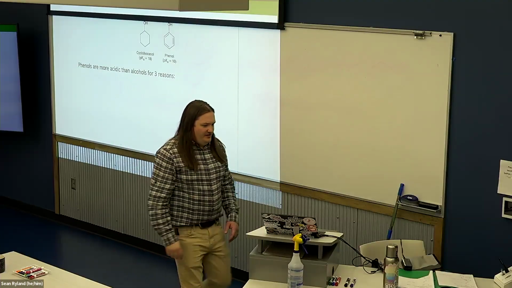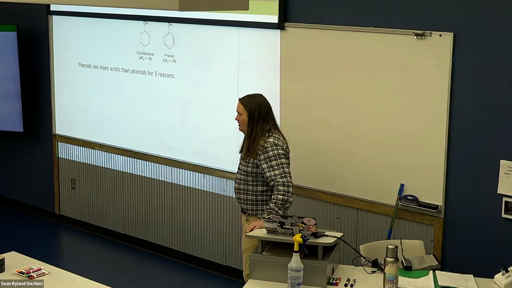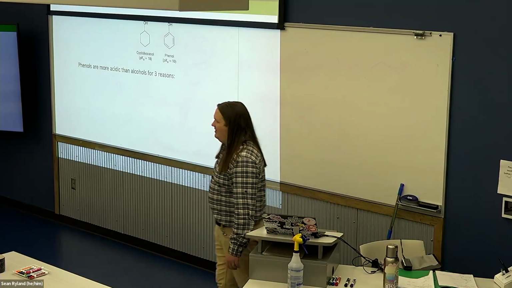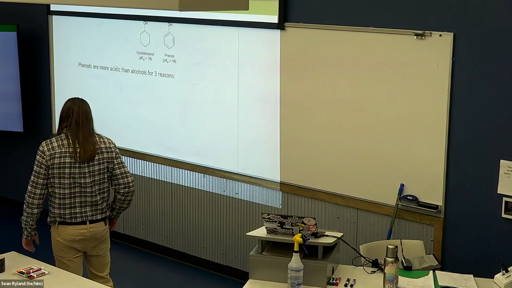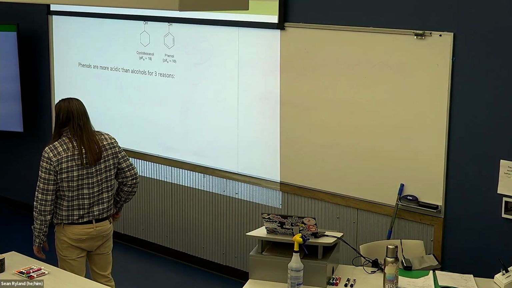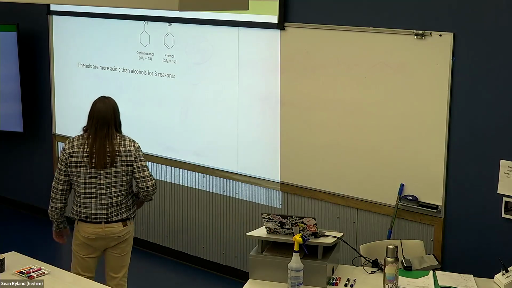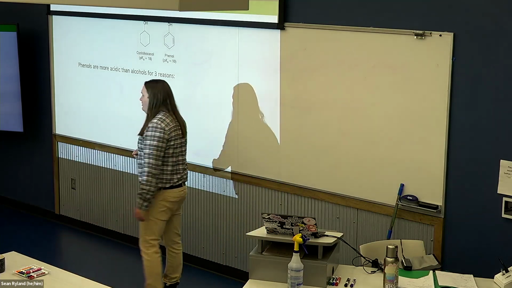What's one reason why that might be the case? What do the double bonds get us?